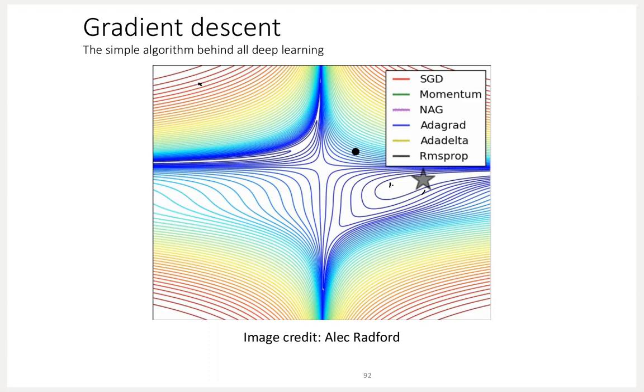Let's say this is the minimum here. What do you think the gradient should be pointing? This is option A, this is option B, this is option C. What's the gradient?